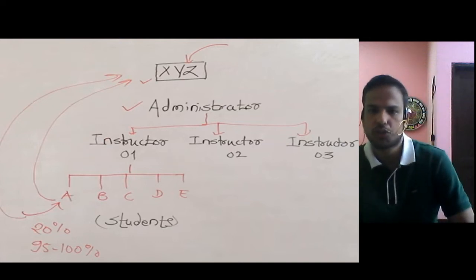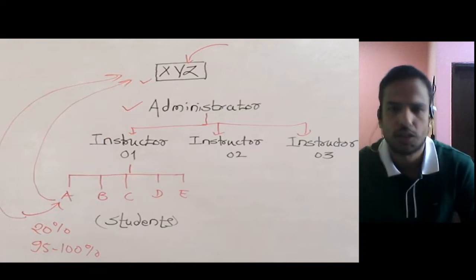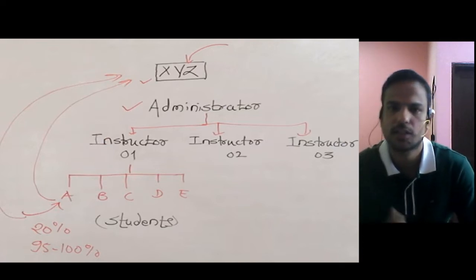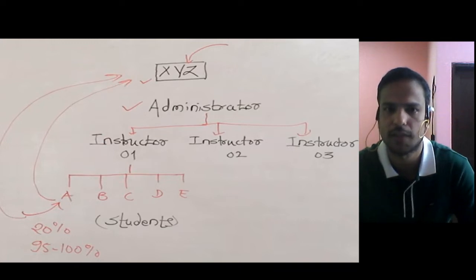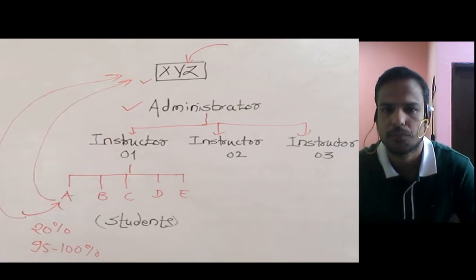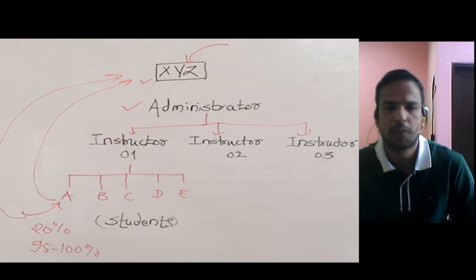Generally, every institution or organization should have a research and development cell, and this cell should have a director, and that director will be called the administrator of the system. This administrator will create or appoint some instructors.